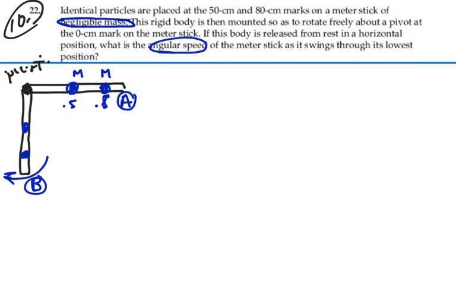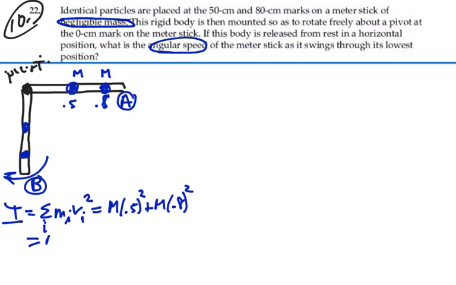And we want to find the moment of inertia of this system. The meter stick has no mass, but we do have a moment of inertia due to these 2 point masses. That would be the summation of every mass multiplied by its distance from the axis of rotation squared. And this would be m times 0.5 squared plus m times 0.8 squared.